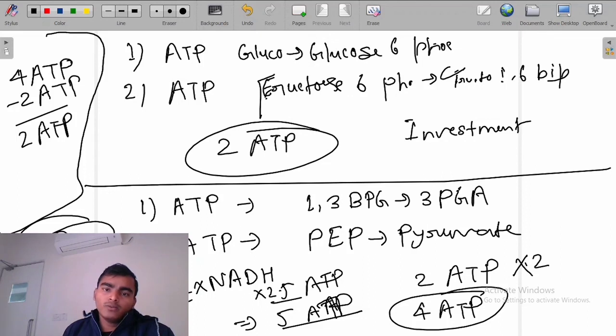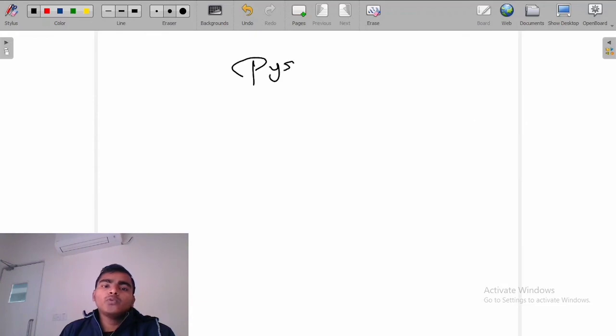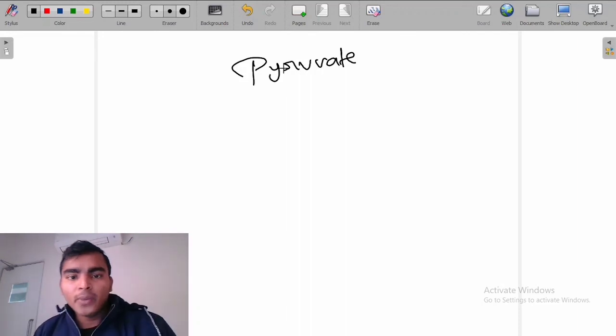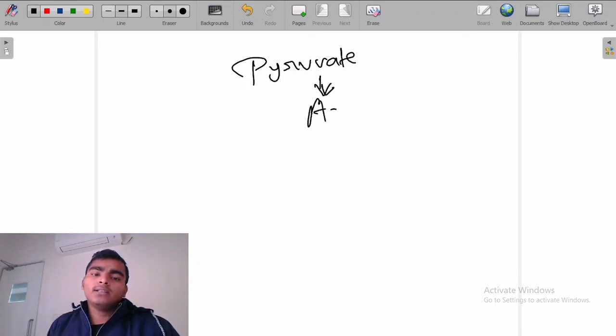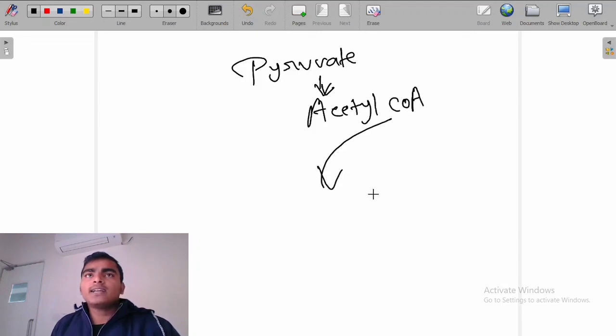Is this only what we were looking at in glycolysis? No, another thing which is also present here is pyruvate. Pyruvate is what we were looking for in glycolysis, because the main importance of glycolysis is the pyruvate molecule. Once the glucose molecule is converted into pyruvate, it will be converted into acetyl coenzyme A. Acetyl coenzyme A will enter the TCA cycle, Krebs cycle, or citric acid cycle to create more NADH, FADH2 and ATP molecules.